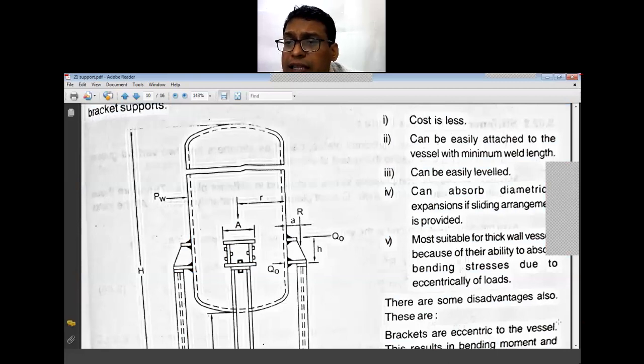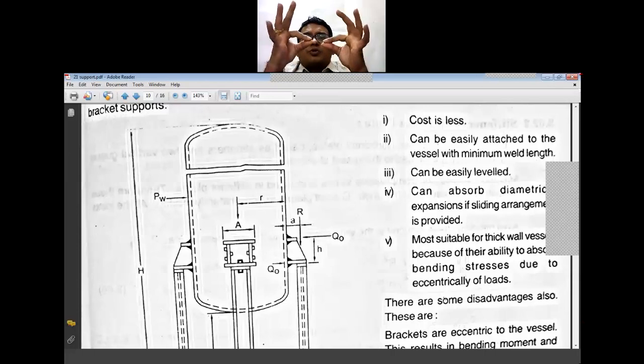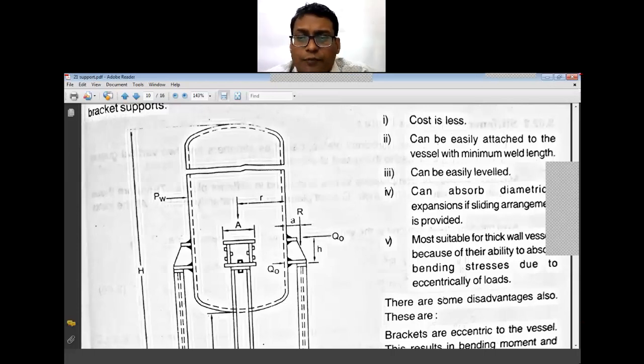It can also absorb the diametrical expansion if sliding arrangements are provided. If the temperatures are high, lateral expansion of the vessel may take place, so certain grooves or slots are provided where your bolt can change its position due to the thermal expansion.